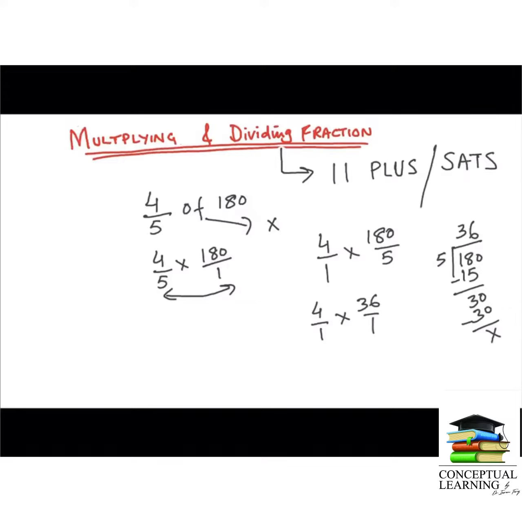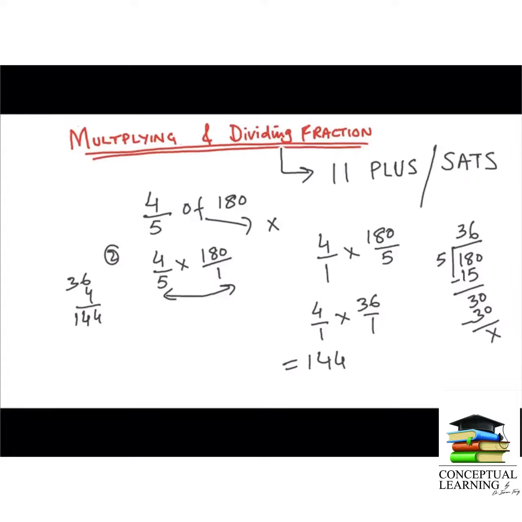Now we have to simplify 36 times 4. So 6 times 4 is 24. I can write 4 here and 2 will be carried. And 3 times 4 is 12. 12 plus 2 is 14. So the answer is 144.